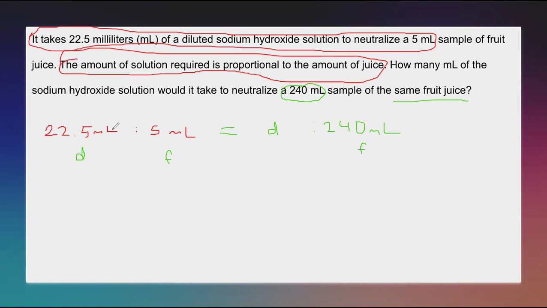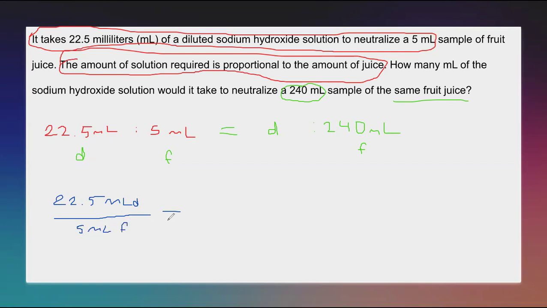So now I'm going to go ahead and rewrite the ratios of the proportion as fractions. That way we can do some math on them. So on the left here, I'm going to have 22.5 milliliters of D, our diluted solution, over 5 milliliters of F, our fruit juice.